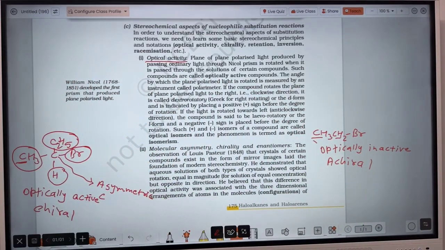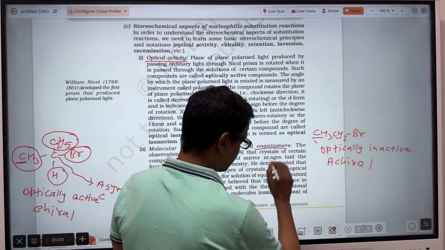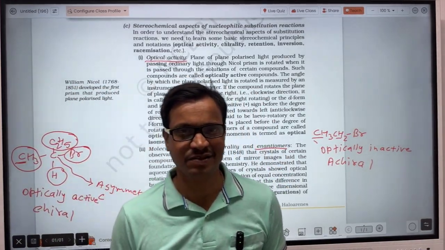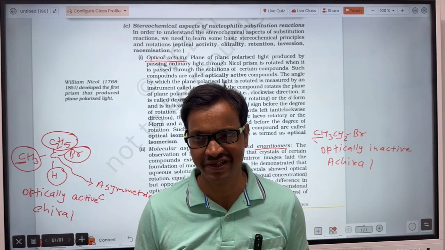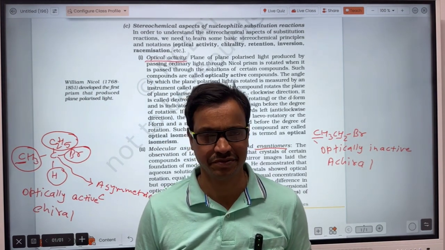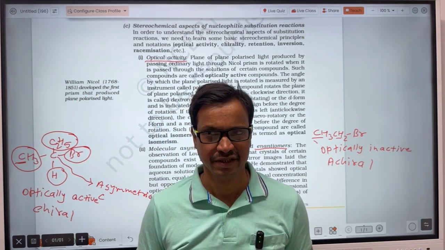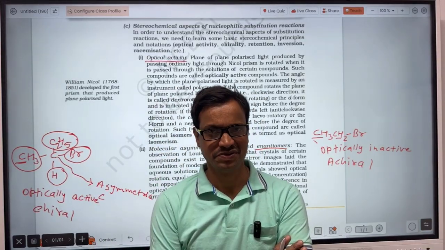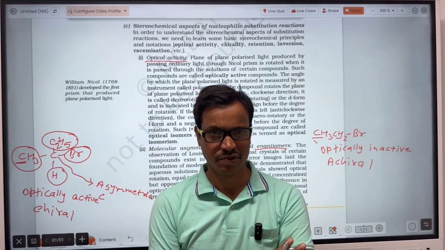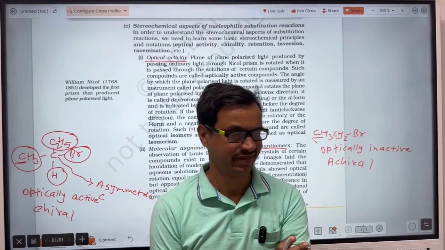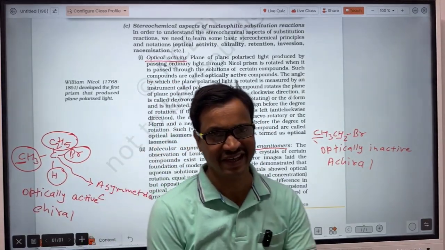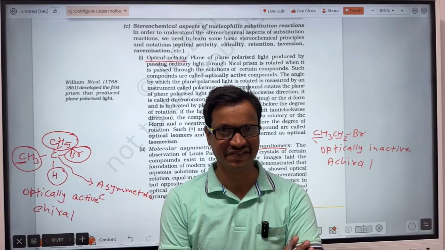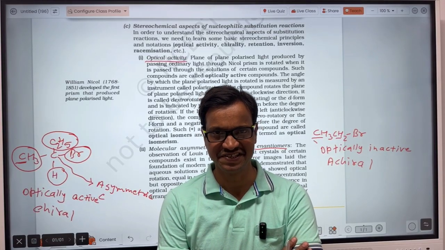Okay guys, now about the enantiomers, what is that? Enantiomers are molecules whose properties in terms of optical activity will be different, but their structure will be the same.